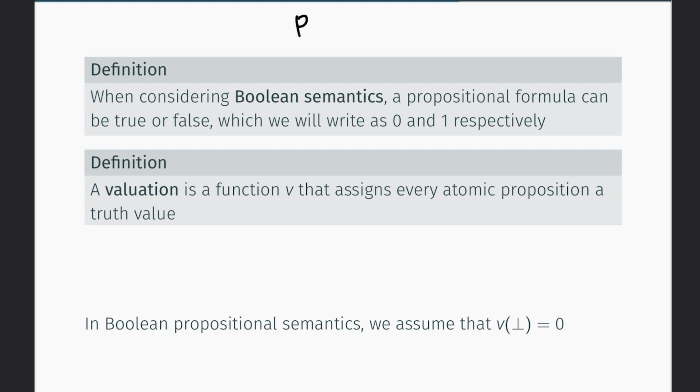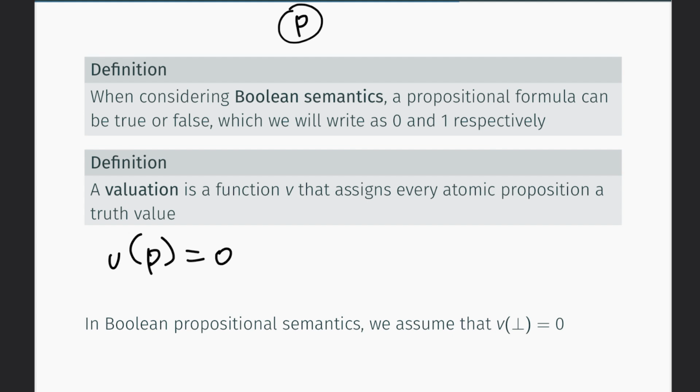Well, we use a so-called valuation function for this. A valuation is a function phi that assigns every atomic proposition a truth value. So say we take this P, we put it into the valuation function phi, and then we get its initial truth value. Say P is false from the beginning, then we assign it a 0 for false.